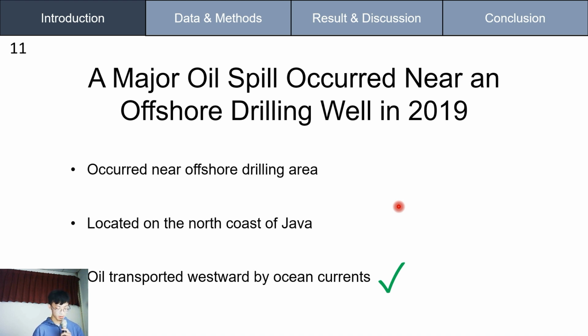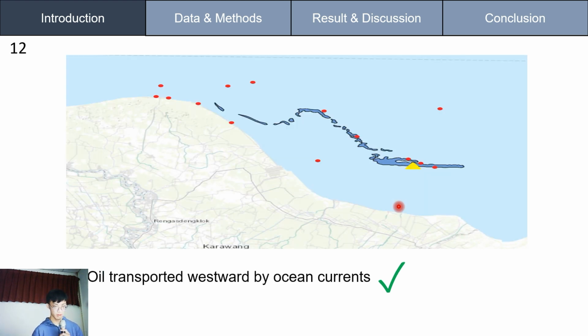Another important factor affecting the environment is ocean currents. Seasonal westward ocean currents help dilute the pollutants, which accelerated a reduction of nickel concentrations near the oil spill center.